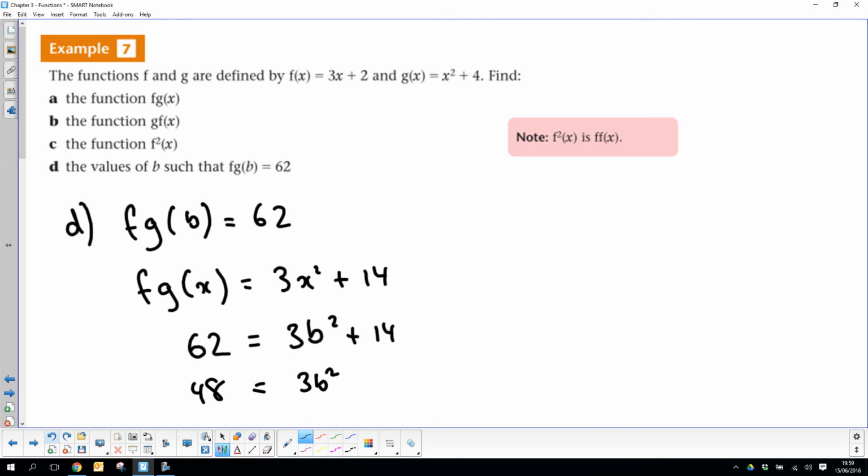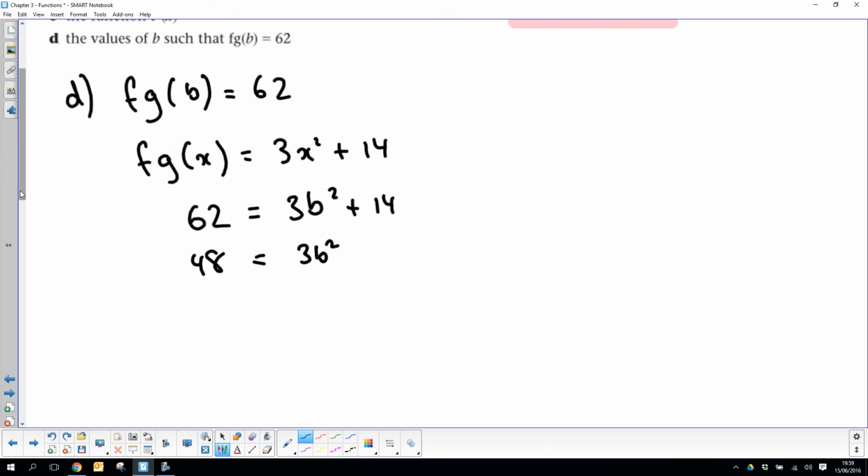If 48 equals 3b squared, then 16 equals b squared. So b is plus or minus 4. And again, remember that we've worked out here an input value for b. So 2 input values mapping onto 1 output value is fine. Many to one function. And that sorts out example 7 part D.